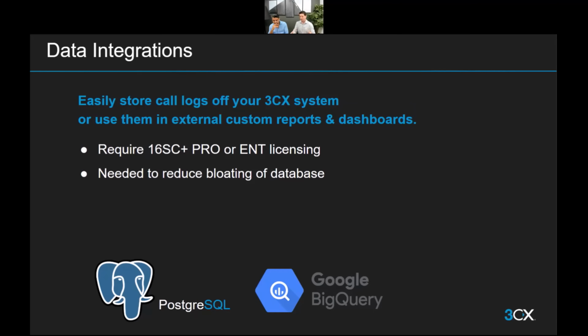Maybe you get jitter or latency issues because the system is spending effort processing requests like generating an extension level report, and pulling that data, especially over a long time span, takes a lot of processing power. Now you can offload that to Google's big servers, which are more than capable, and let that process take place away from your main 365 system so your resources can be dedicated to handling calls, which is what it's designed to do.